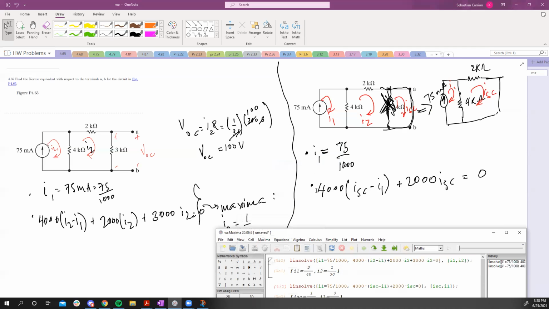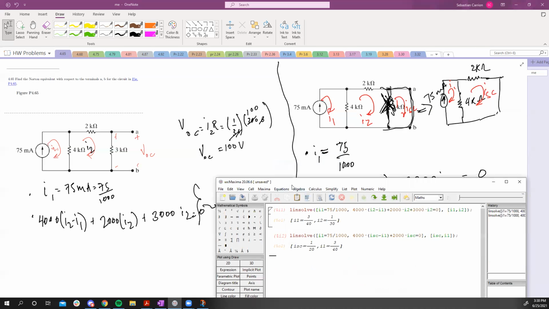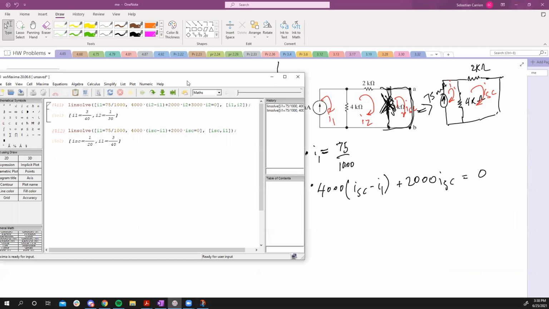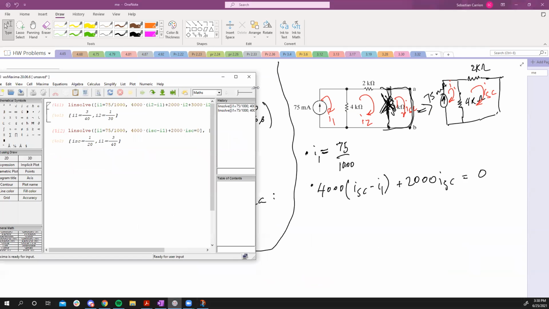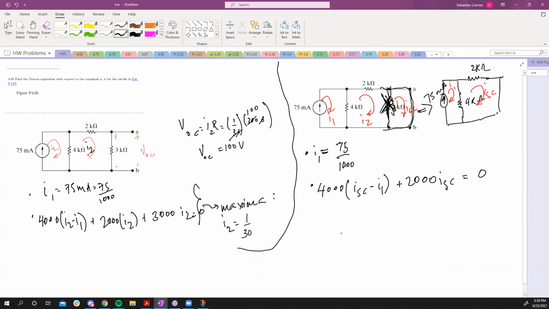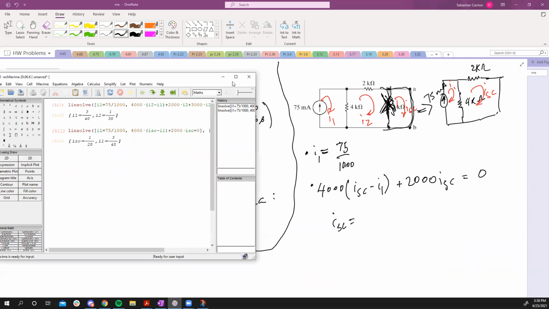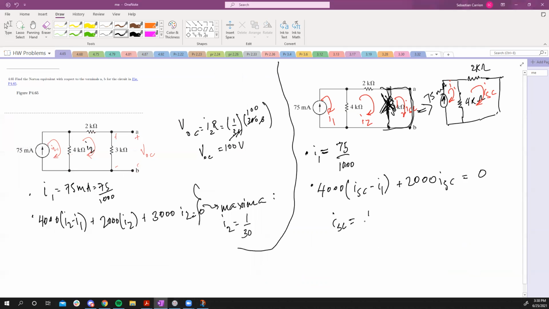We solve for ISC and I1. So our ISC, short circuit, is 1 over 20.